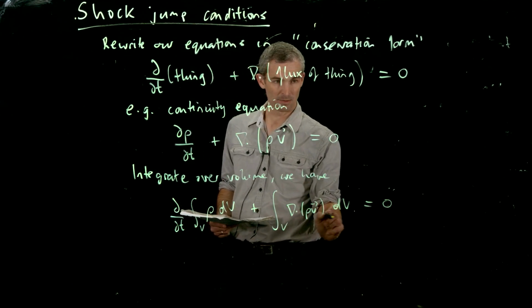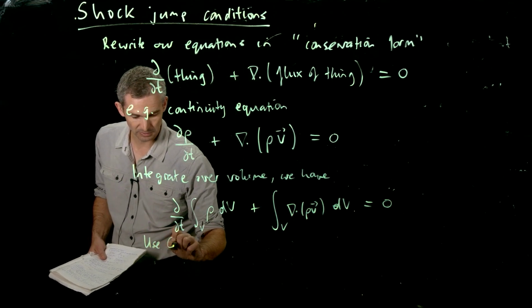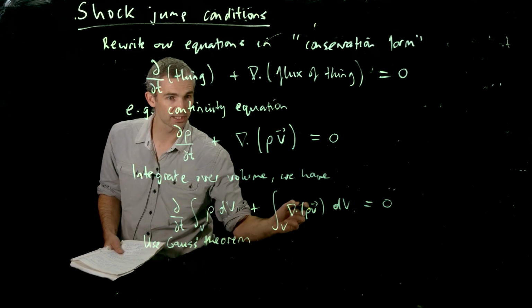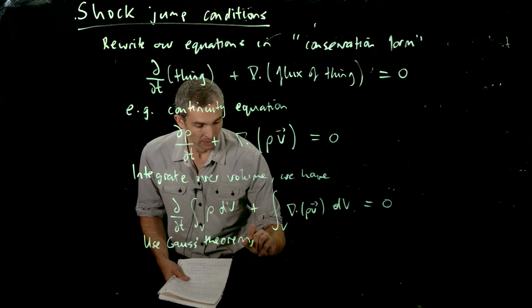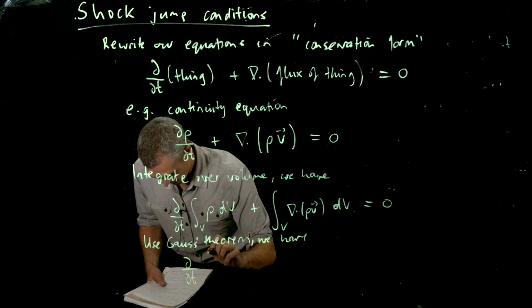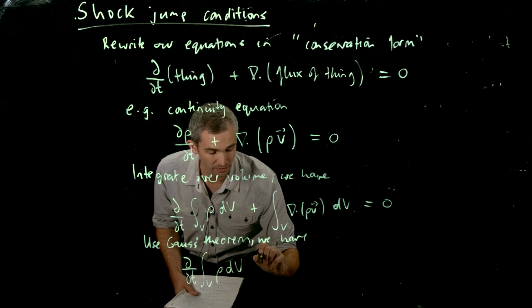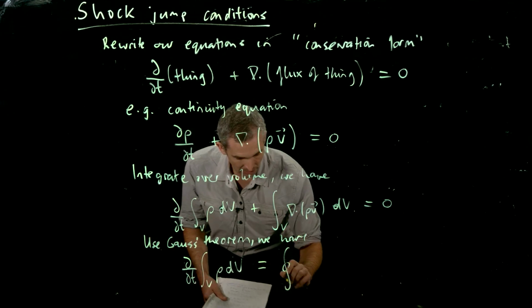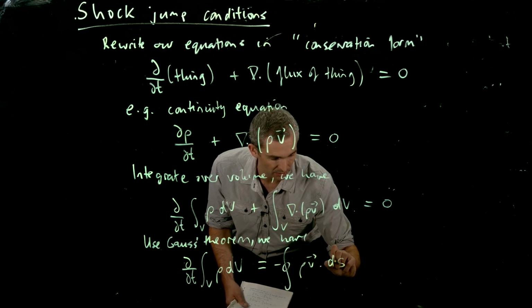Now you've seen equations like this before, so we can simply use Gauss's theorem to turn our integral of divergence into a flux through a surface. So we have the d dt of the mass in our volume. The time derivative of the mass is now simply equal, I'm going to put it on the right hand side, to minus rho times the velocity dotted into the surface integral.